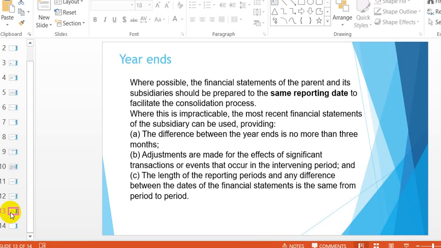And lastly, the length of the reporting periods and any difference between the dates of the financial statements is the same from period to period. So we have come to the end of consolidated financial statements.